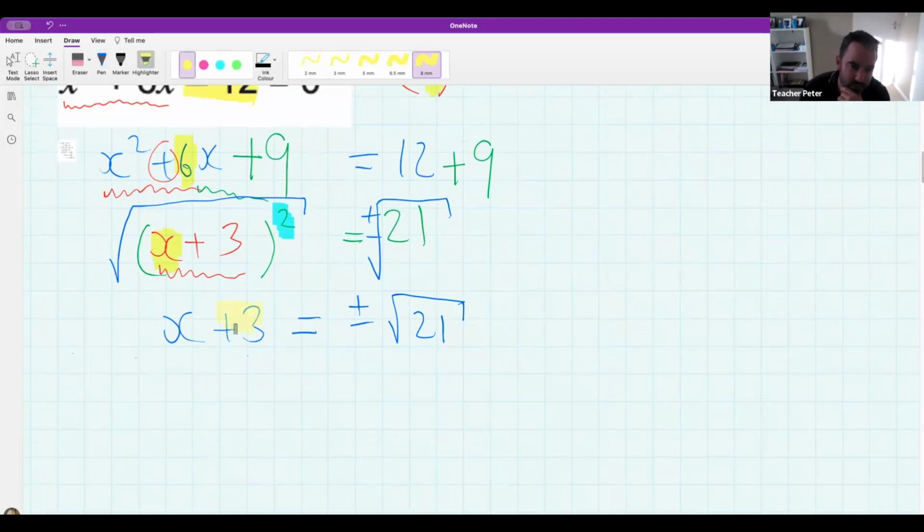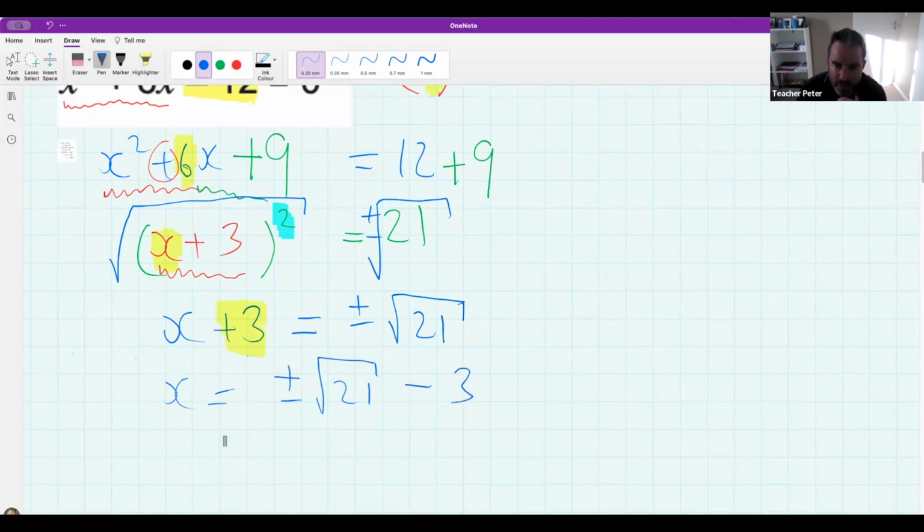because the last thing we have to do is deal with the plus 3. Now, how do we deal with the plus 3? We just take away 3 from both sides, or we transpose. So that is going to be that. But what we normally do is we write the two answers separately.